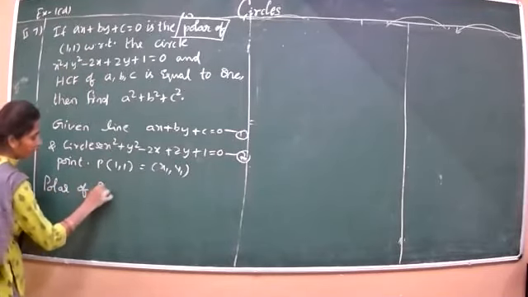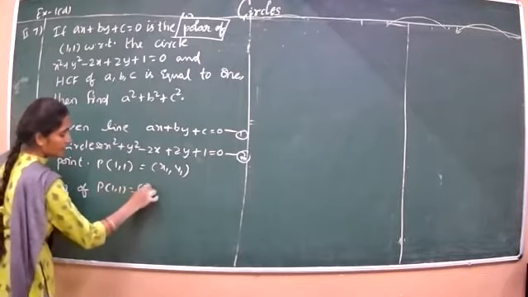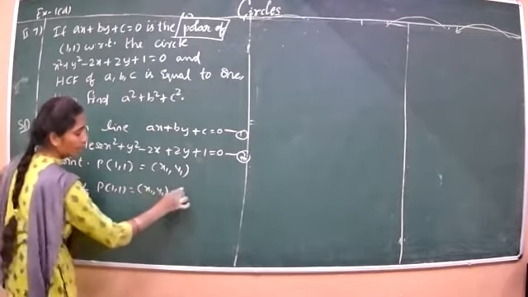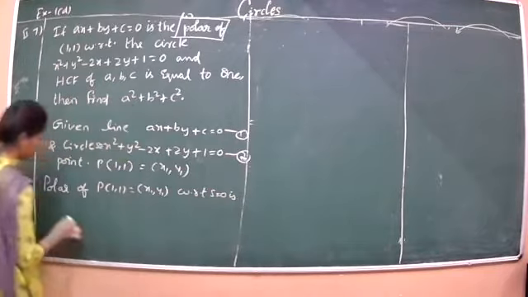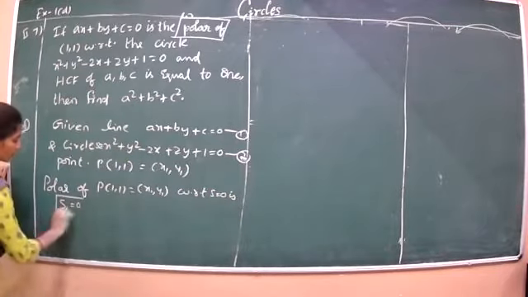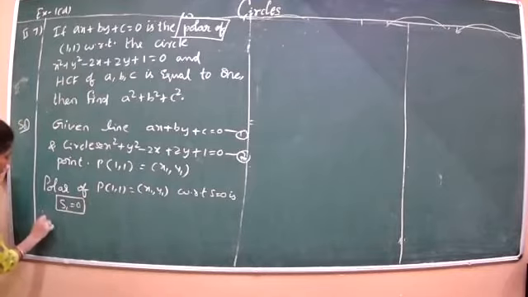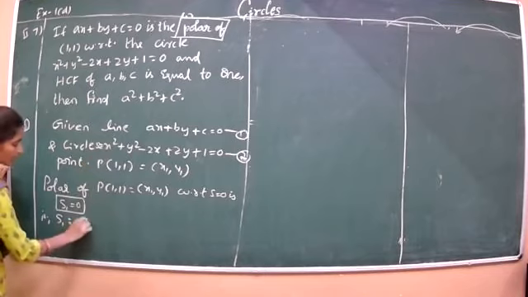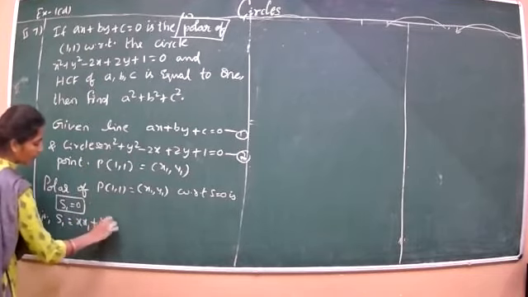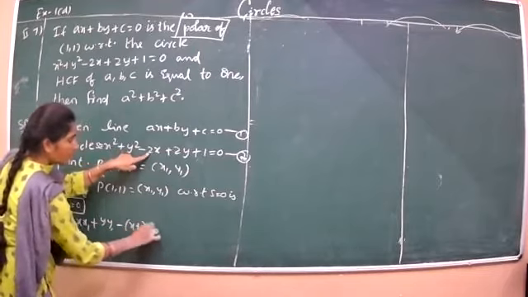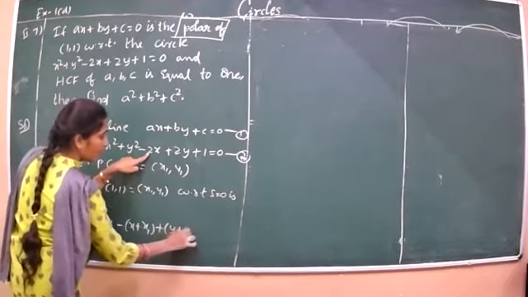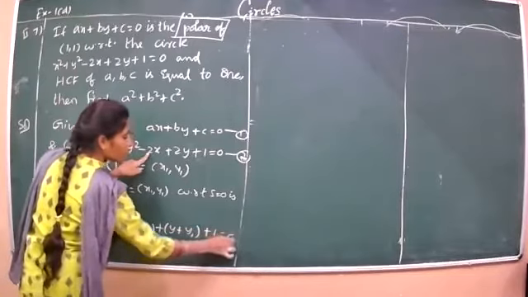Polar of P(1, 1) equal to (x1, y1) with respect to S equal to 0 is S1 equal to 0. What is S1, children? Write S1 for the given circle: x x1 plus y y1 minus half of this, x plus x1 plus y plus y1 plus 1 equal to 0.